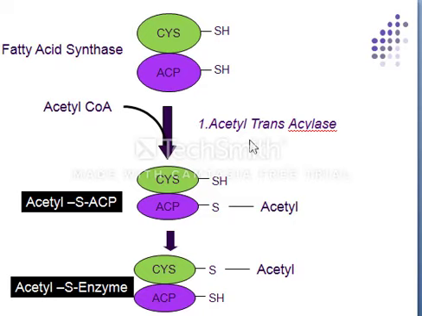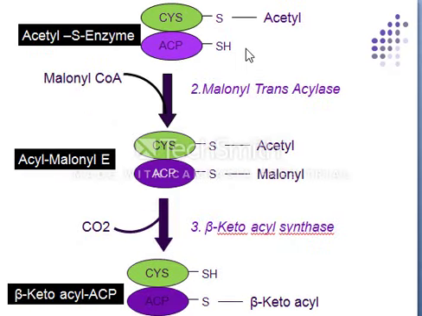The acetyl unit is then transferred to the cysteine residue of the enzyme. Thus this site falls vacant. So now it forms acetyl S enzyme, which has the acetyl group at the cysteine residue. Now ACP is vacant at the SH group.